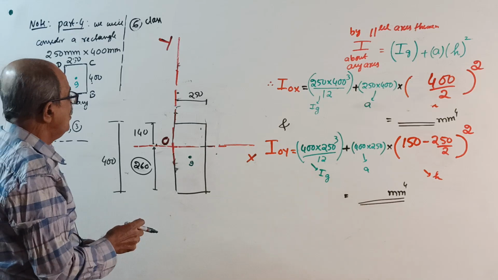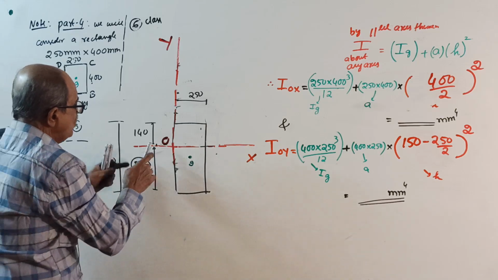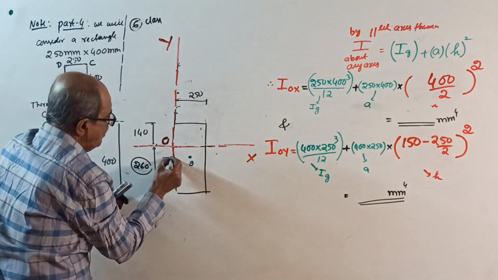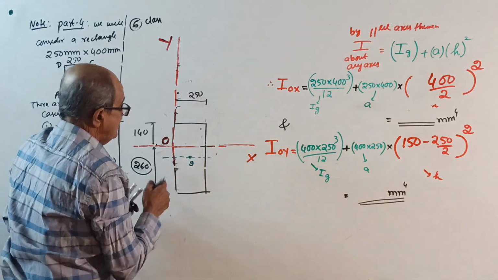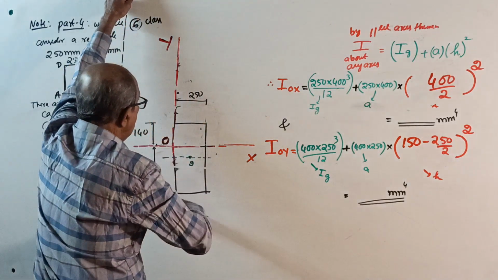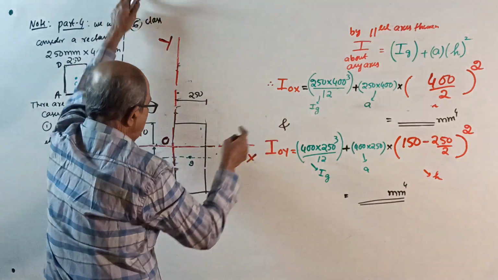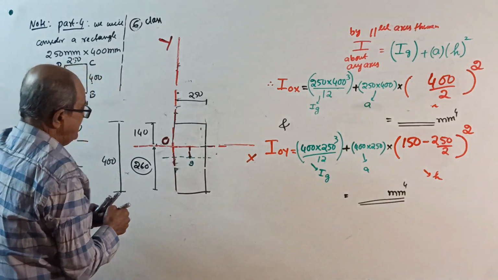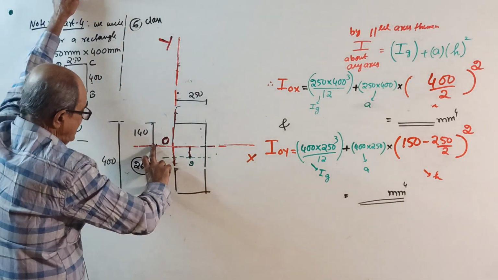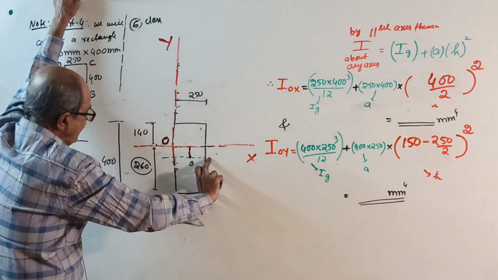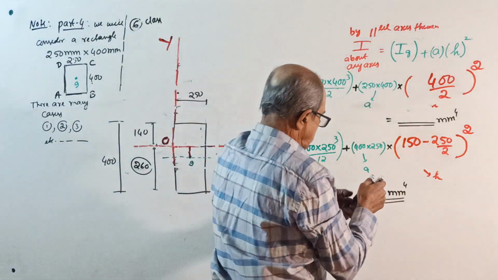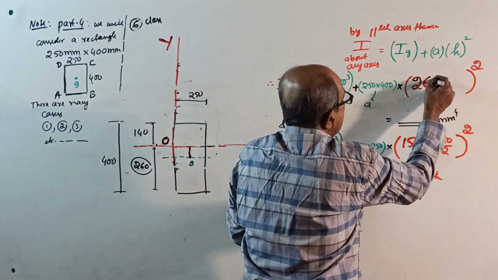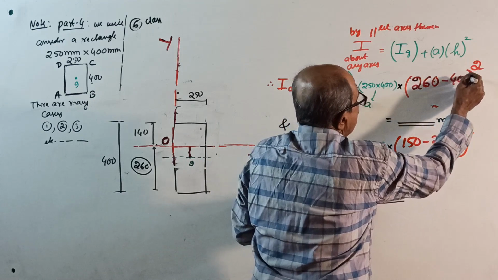Start. I about OX. First come to I about its own axis: 250 into 400 cube by 12 plus area into this distance square. That distance is 260 minus half of 400, that is 260 minus 400 by 2.